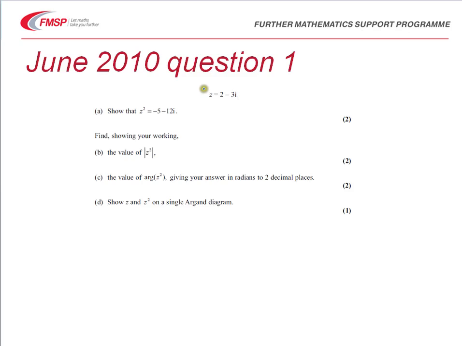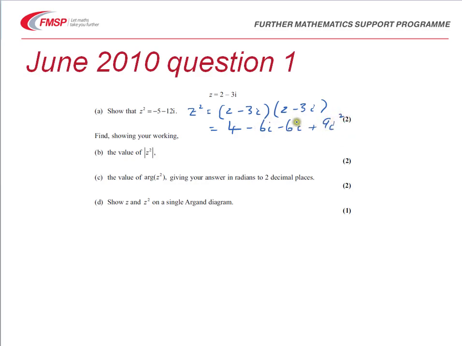Well, this really is just a case of saying that z squared is equal to 2 minus 3i multiplied by 2 minus 3i, and then multiplying that out to give you 4 minus 6i minus 6i plus 9i squared.